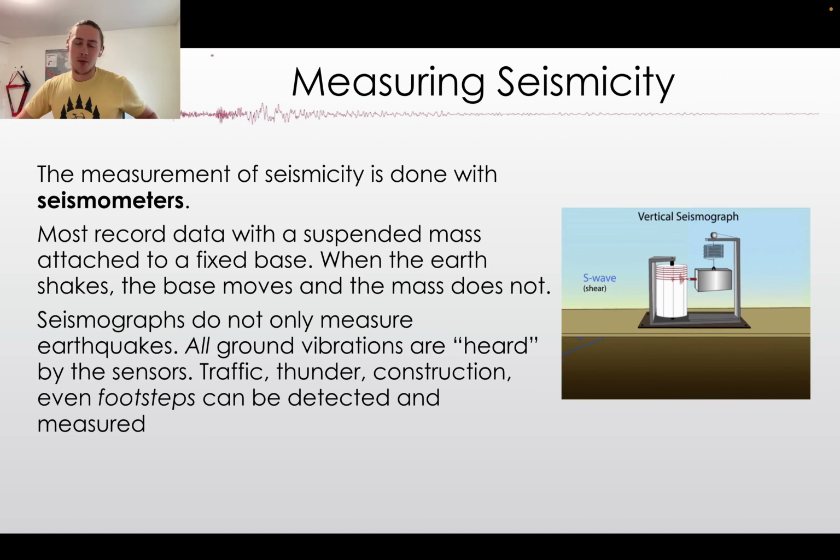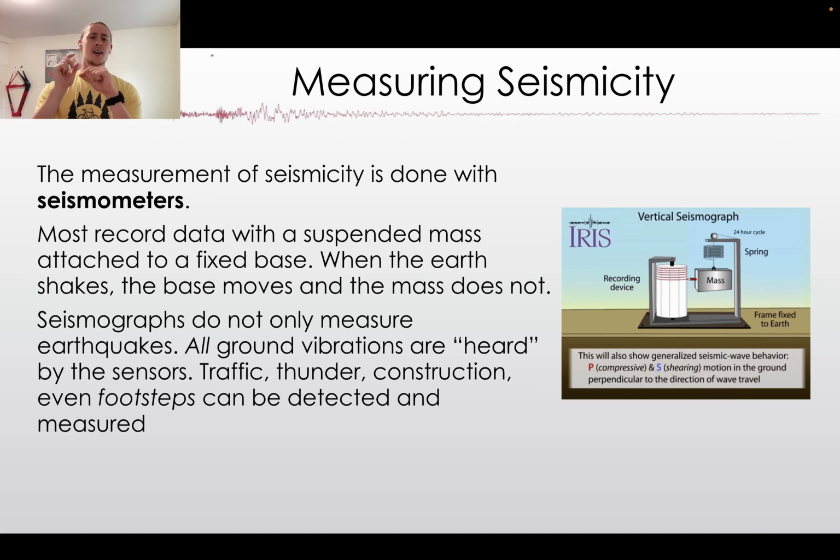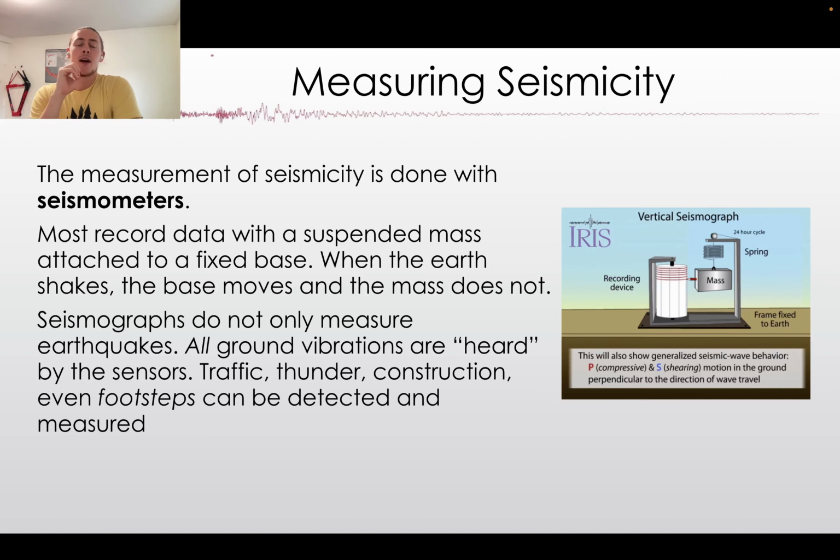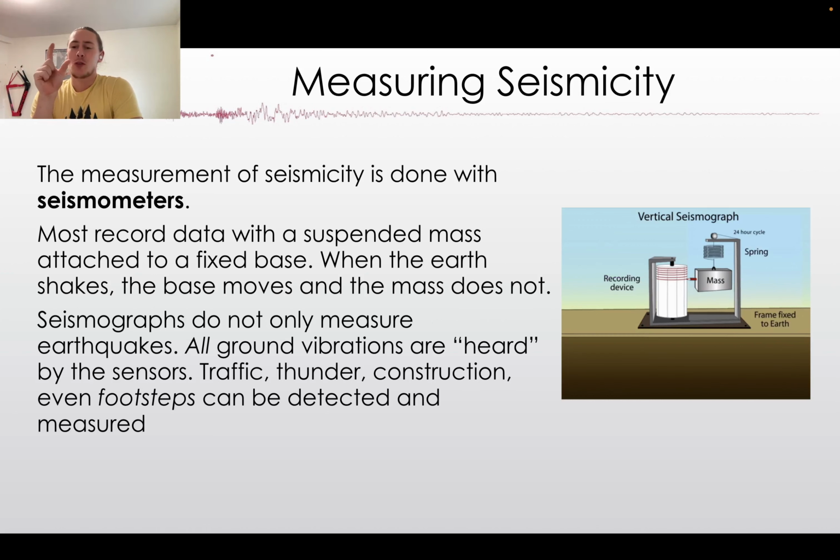You might be wondering, what's the difference between seismometer, seismograph and seismogram? Those three are really weird. Basically, seismo is the root word, meaning earth motion, and seismometer is to measure. So seismometer is earth motion measurement, anything that measures it. Seismograph: graph is to record, right? You think about graphing something, it's kind of recording.